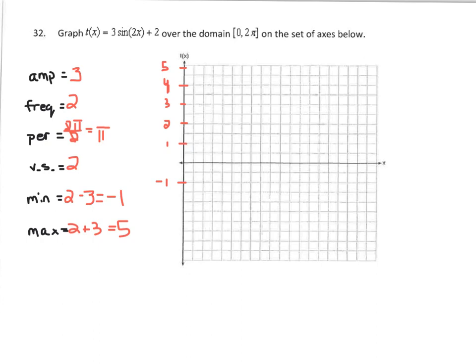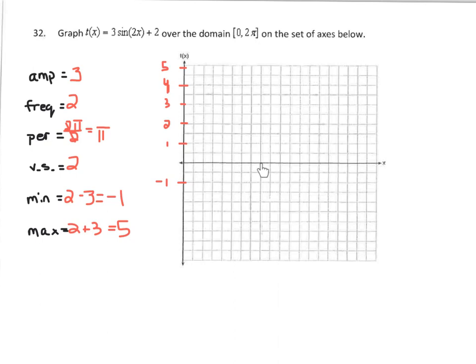Now, along the x-axis, we know that they want us to graph from 0 to 2 pi, and we know that a period is pi. So what that means is once we reach pi units, we will fit one complete sine curve. Now, since I jumped boxes here, my graph is going to be pretty high, so normally we jump 2 boxes and put pi over 2, 2 boxes and put pi, 2 more and put 3 pi over 2, and 2 more and put 2 pi.